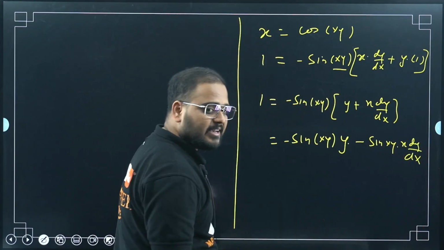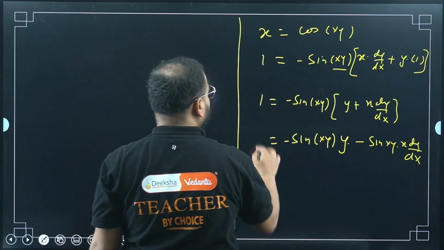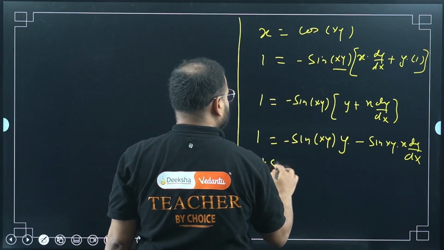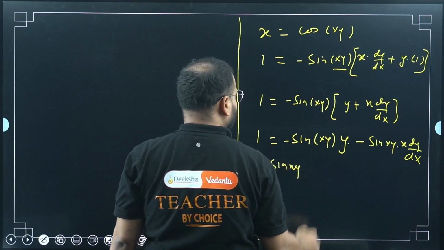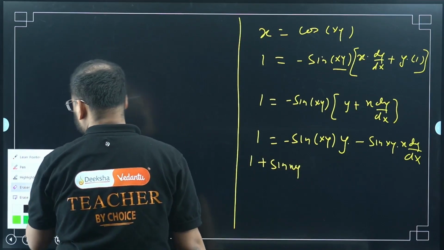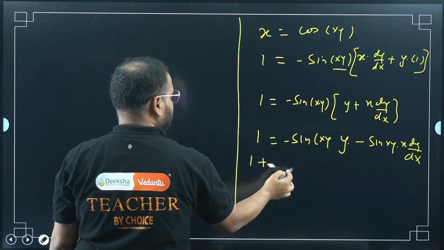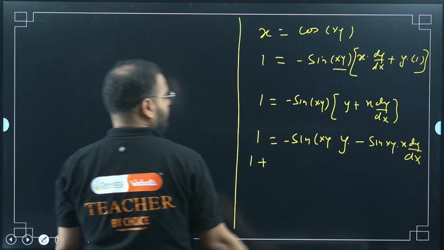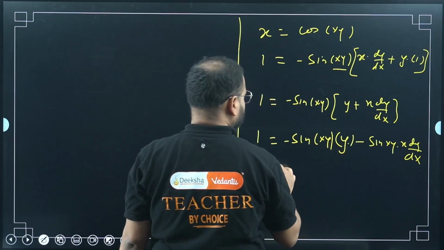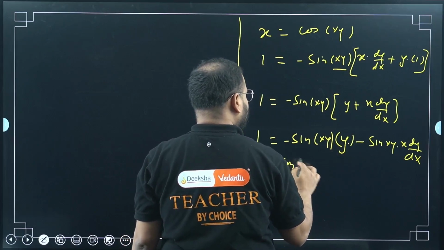I want to find dy/dx, so all the other terms I'll keep on this side. So I'll get 1 plus y sin xy.